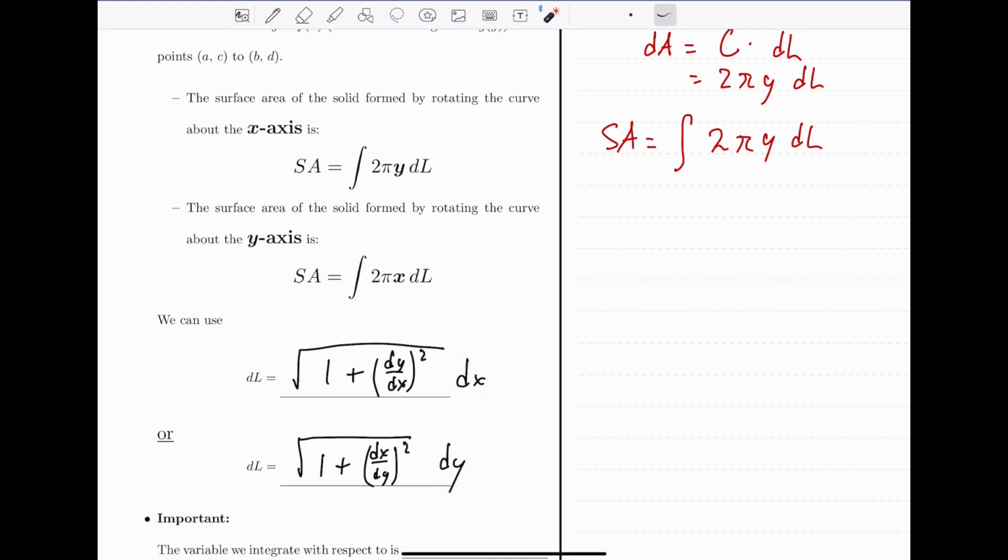This is different from volumes. When we did volumes of rotation, rotating about a horizontal line like the x-axis required integrating with respect to x. Rotating about the vertical line like the y-axis, that was integrating with respect to y. Here, we can integrate with respect to x or with respect to y, regardless of whether we rotate about the x or y axes.